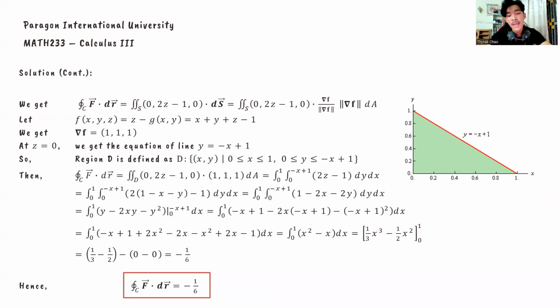Now we need to find a few quantities. First, we need to find grad f. Let our function f of x, y, z be z minus g of x, y, which equals x plus y plus z minus 1, so we get grad f is just the vector (1, 1, 1).